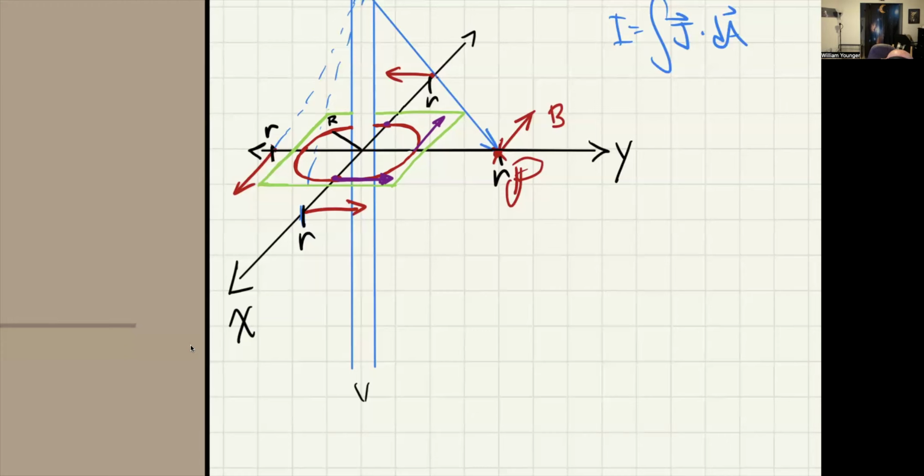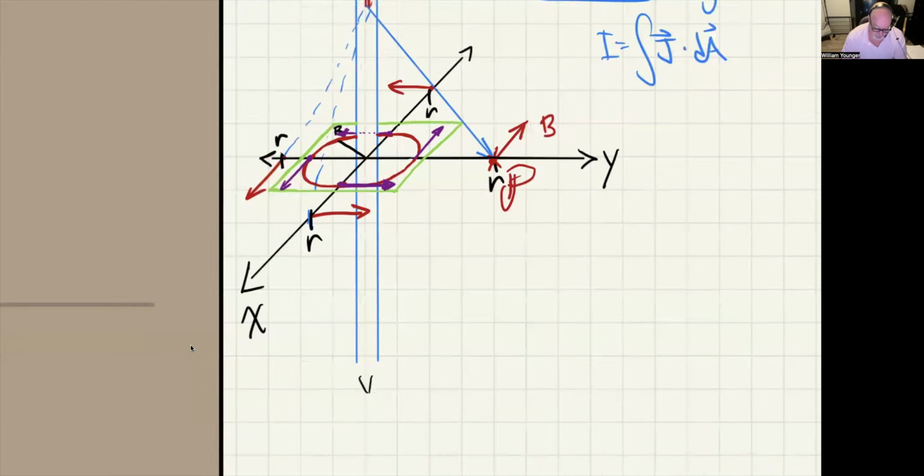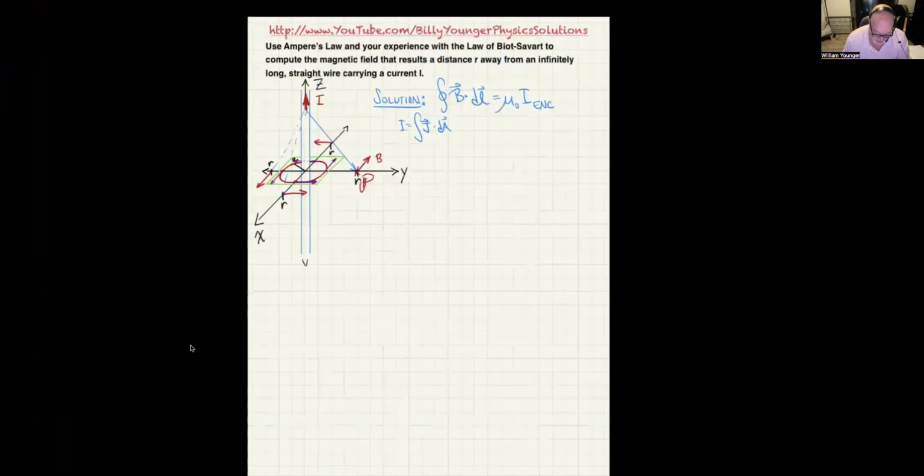And then if it was back behind the wire, it would be to the left. And then if it was to the left of the wire, it would be out of the page, out of the board, or out of the plane of the drawing, that is. So that's ultimately what the magnetic field direction is.